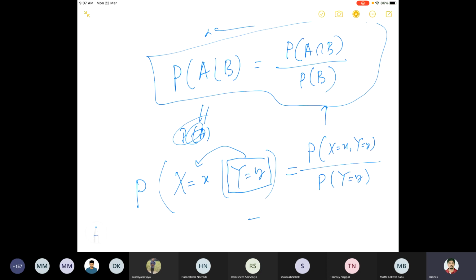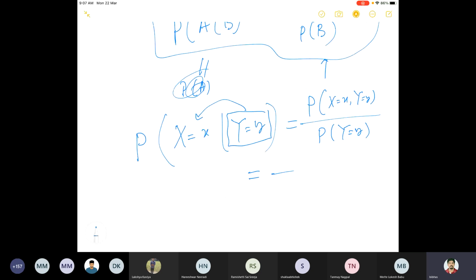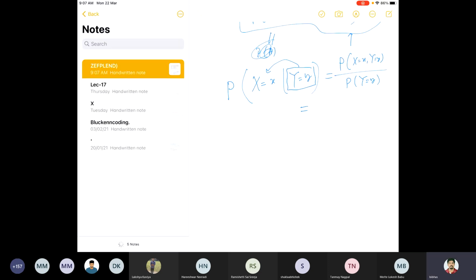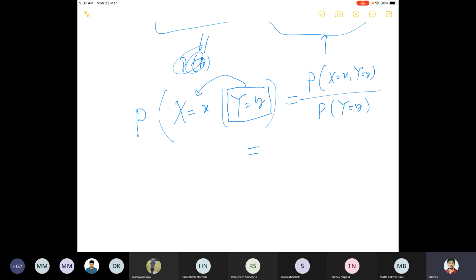Now we know everything here. The numerator is nothing but the joint probability distribution, and the denominator is the marginal distribution.